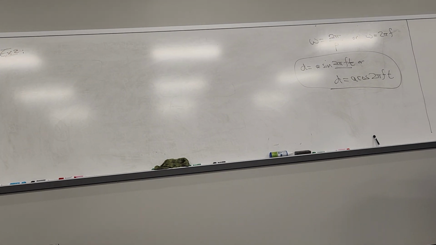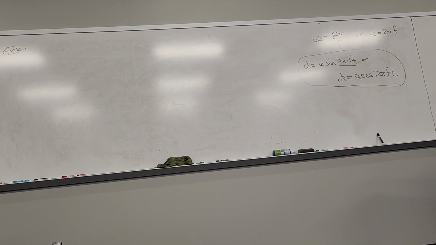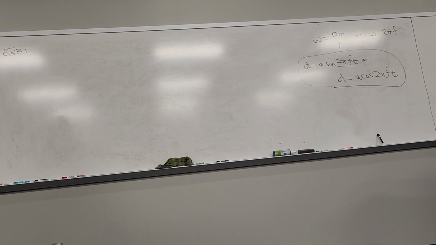Once all the passengers have been loaded, the wheel makes one full rotation counterclockwise in 2.5 minutes. Okay? Well, they just told us the period. The period is 2.5 minutes.